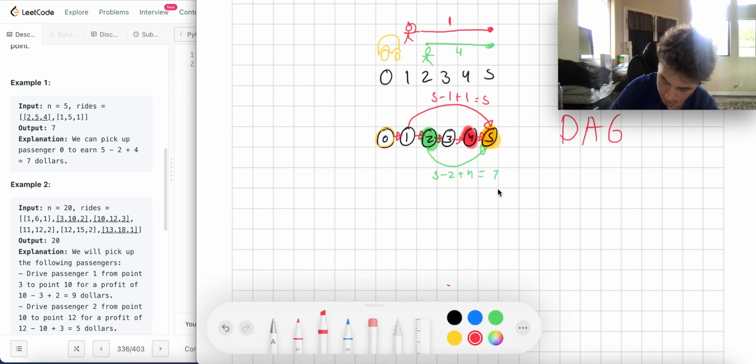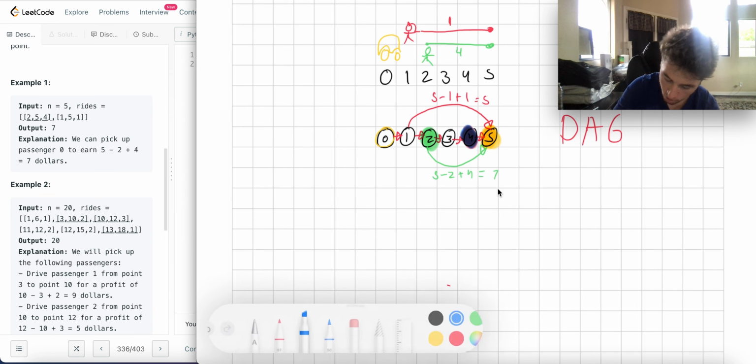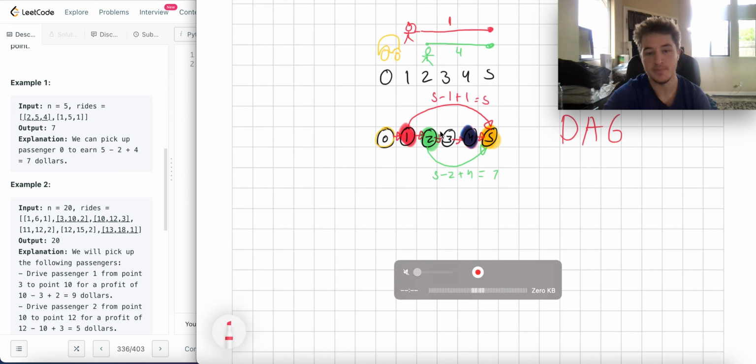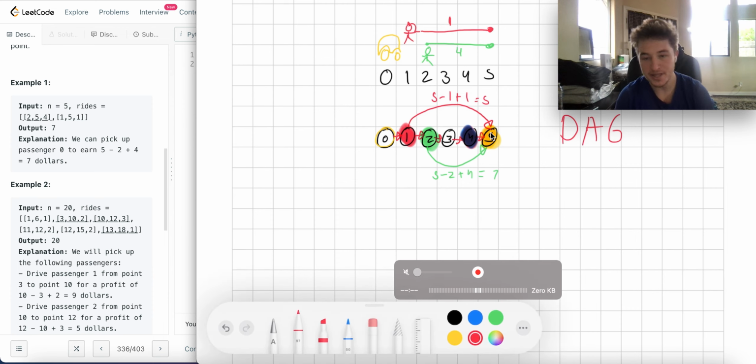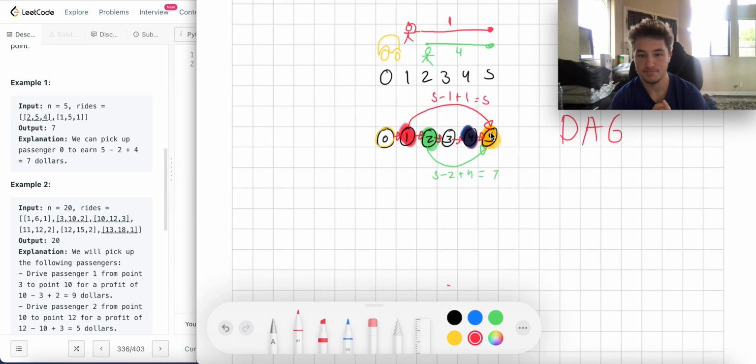So maybe this should be blue actually. Or I took passenger 1, which made me skip all these links. So that's the only way I could get to 5. So what would be the best thing to do at 5?